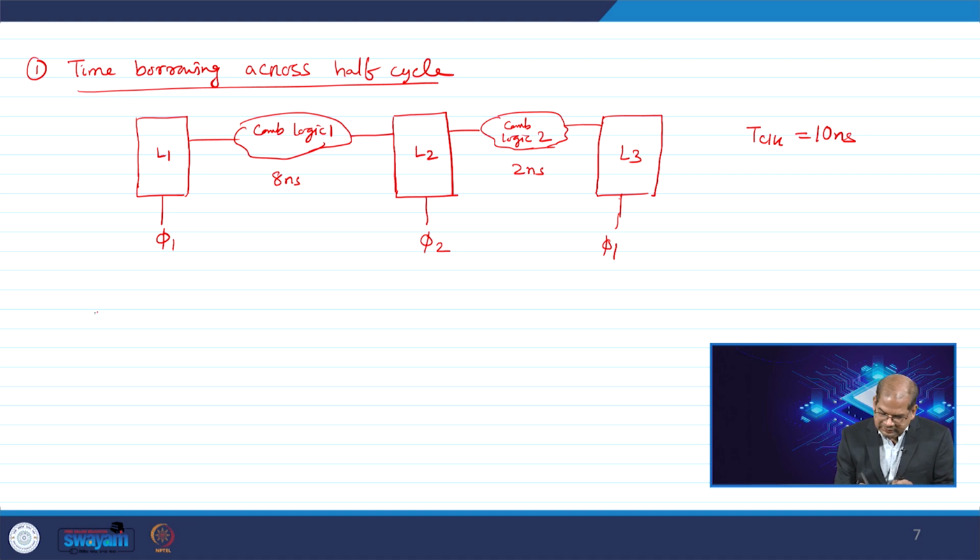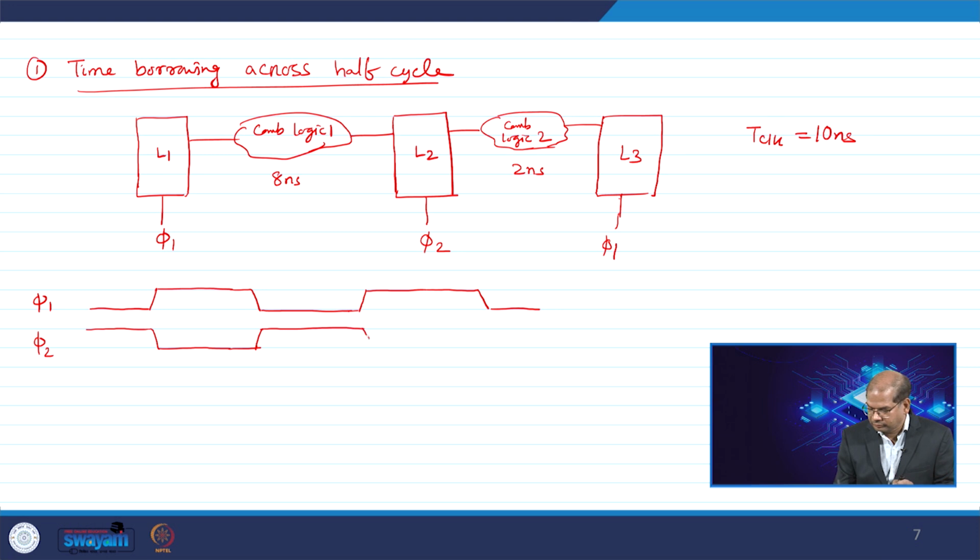Here, if you can see, this is my phi 1, this is my phi 2, and for simplicity I am assuming T non overlap is 0.